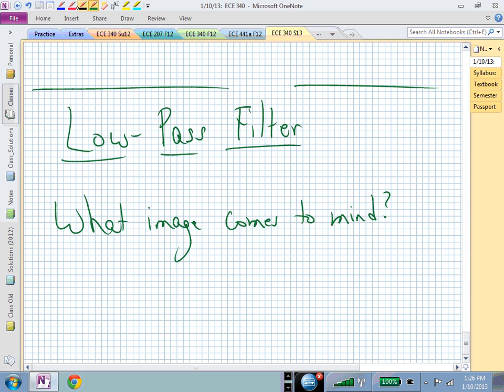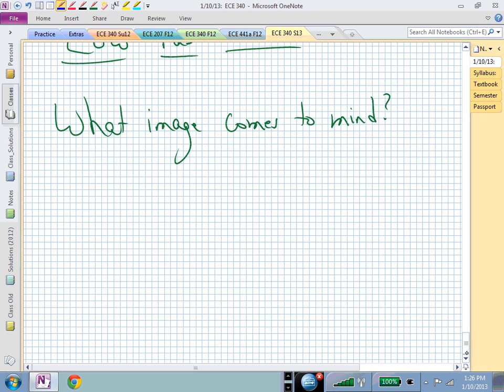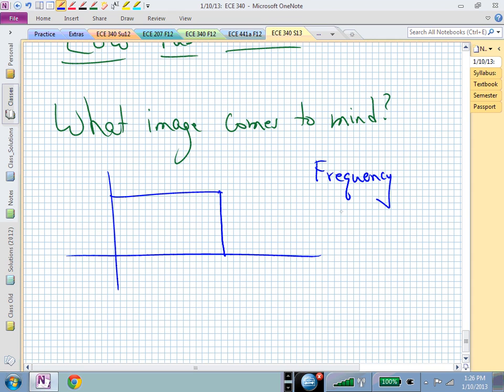Somebody said, oh, I see a graph. And that graph was already in the frequency domain, wasn't it? This is now a frequency domain graph. This is now the frequency response. When somebody says low-pass filter, I now see this picture.